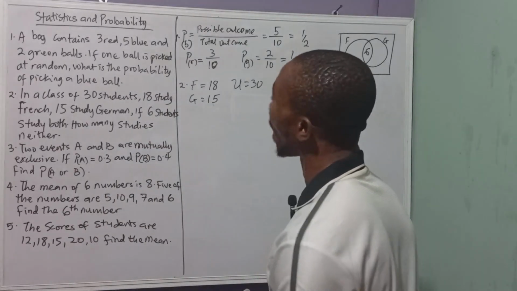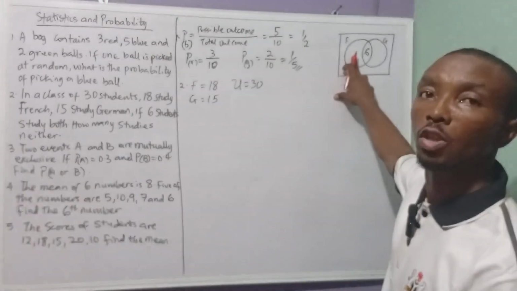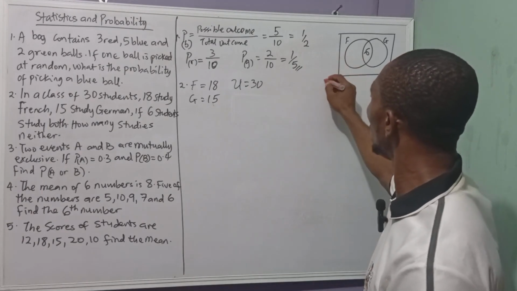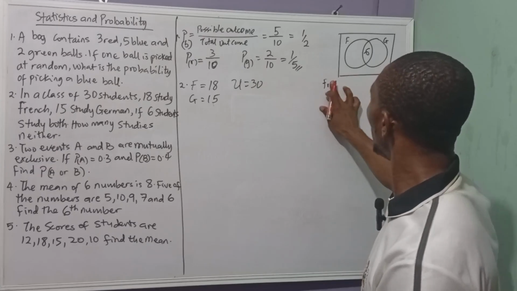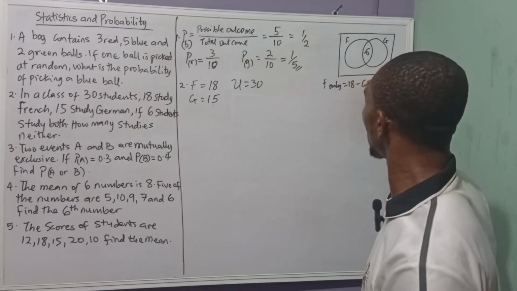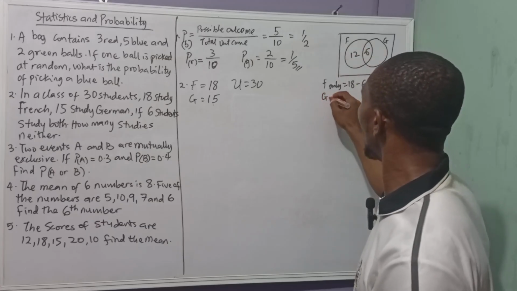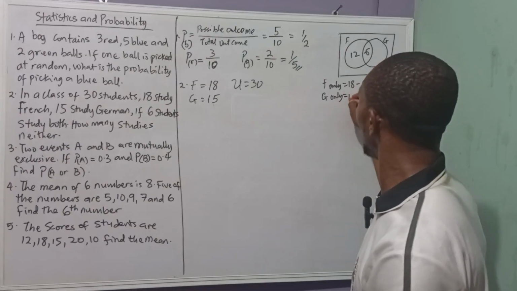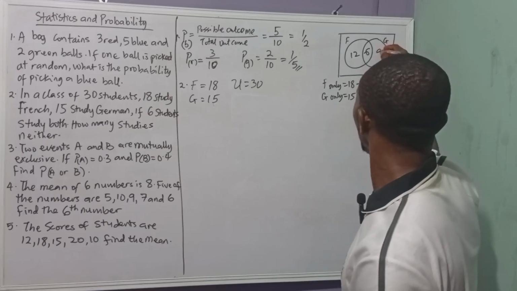So for French only, which is this box, we have 18 minus 6, which gives us 12. So this becomes 12. And German only becomes 15 minus 6, which gives us 9.